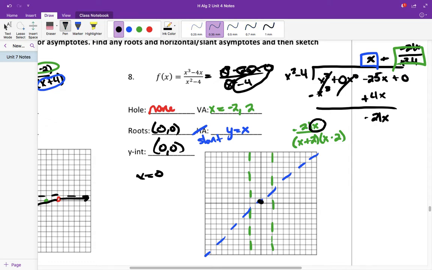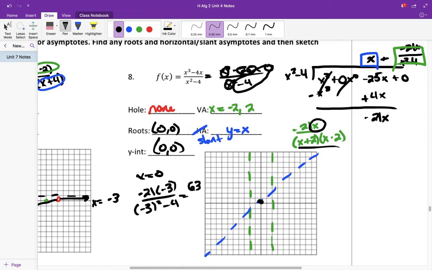So at this point, I'm going to have to start to check lots of points, because if you notice, I really don't have a lot of information about my graph. I'm going to try the point -3 first. So if I put x equals -3 into my equation that's left over, I'm going to end up with -21 multiplied by -3 over x squared minus 4, in other words, -3 squared minus 4.